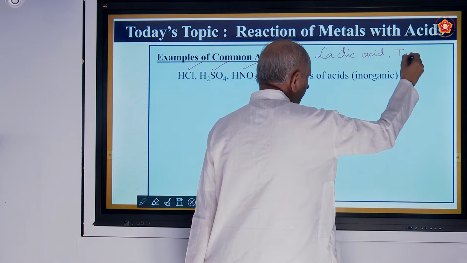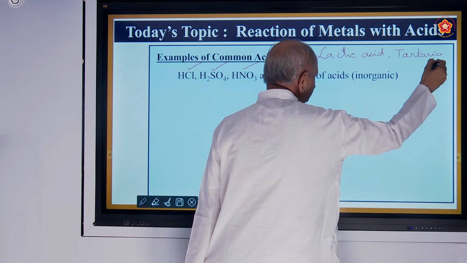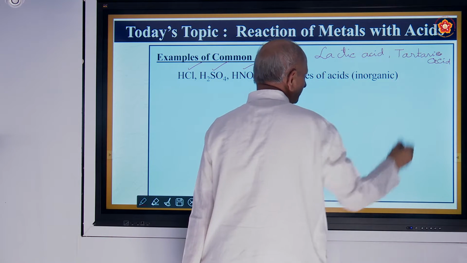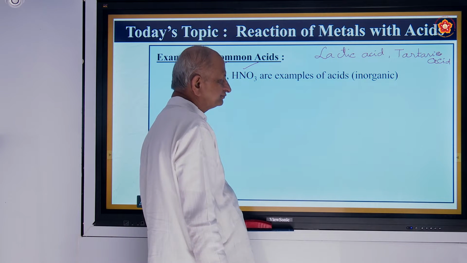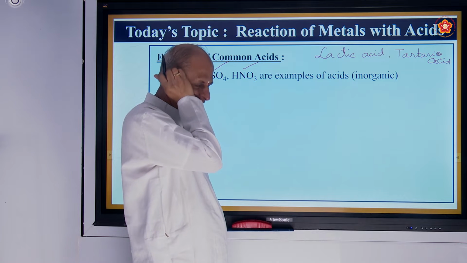Then you have tartaric acid, that you find in tamarind. Then also you have citric acid.